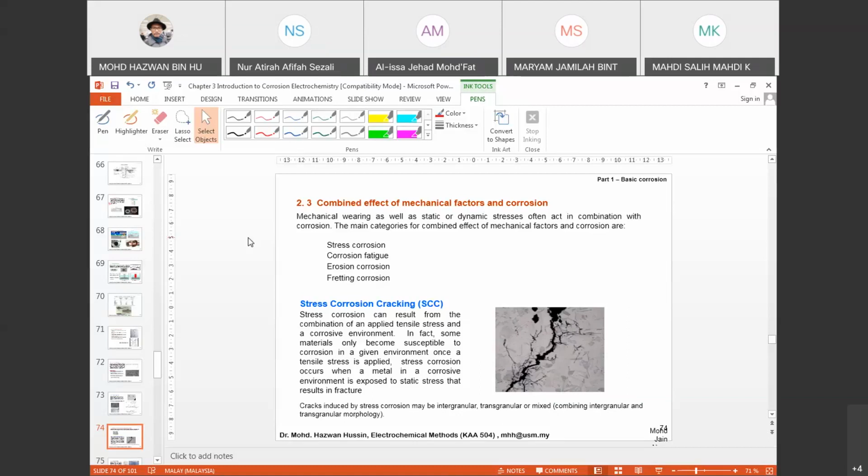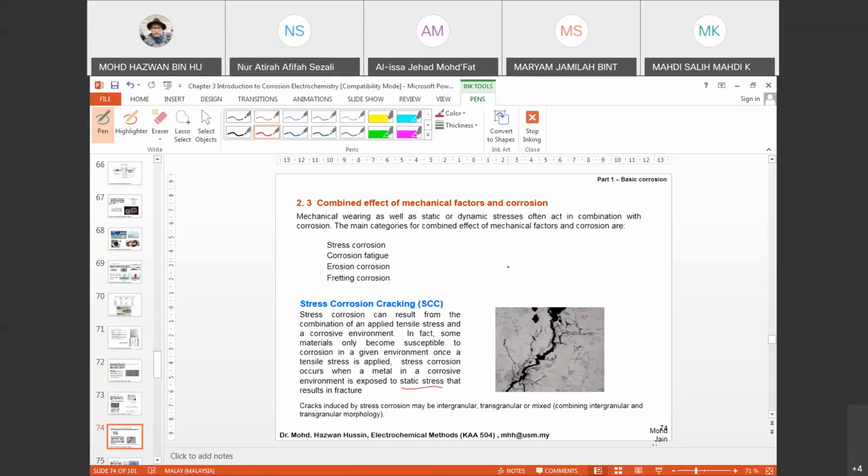The first one, SCC, stress corrosion cracking. This happens when you have the combined effect of tensile stress with corrosive environment. And the thing that you need to remember is that for stress corrosion cracking, the amount of stress or load applied will be static stress.